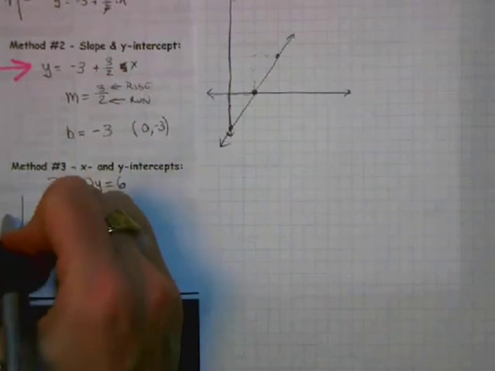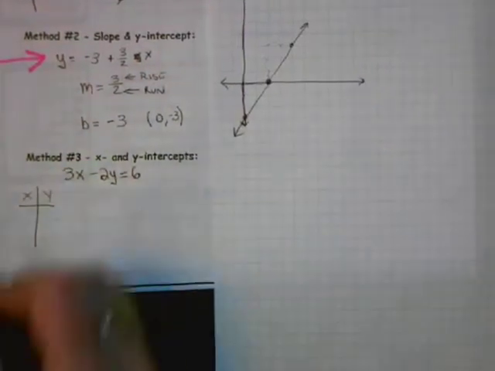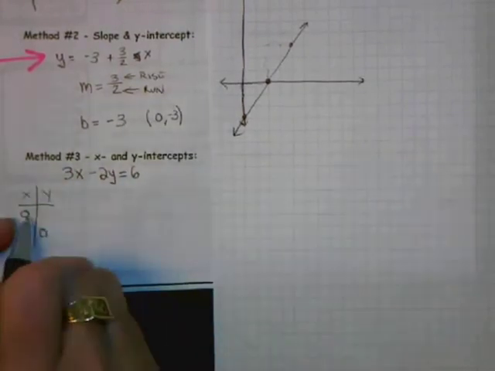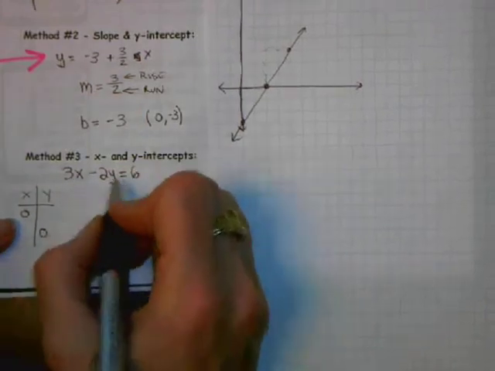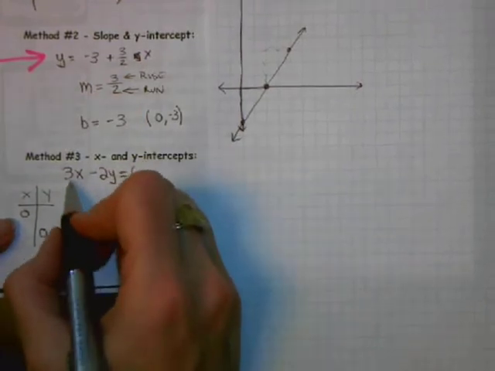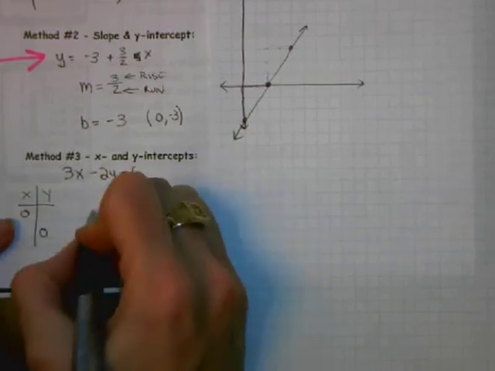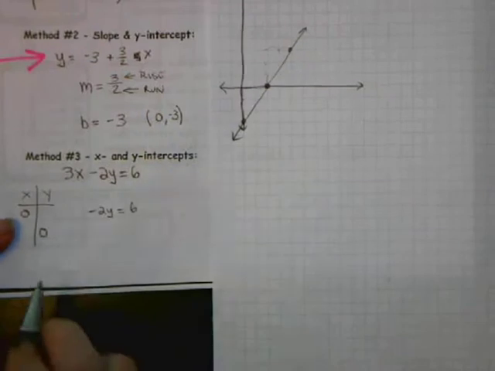Remember, when we graphed the x and y intercepts, it was like we made a little teeny tiny table of points. One of them had 0 for the x coordinate, one of them had 0 for the y coordinate. Let's find out when x is 0, what does y have to be? So I take this equation and I replace the x in it with a 0. 3 times 0 is 0, so all that's left on this side is negative 2y equals 6.